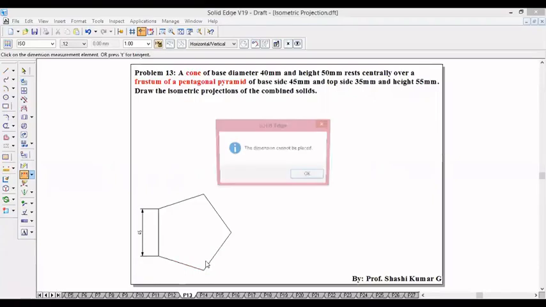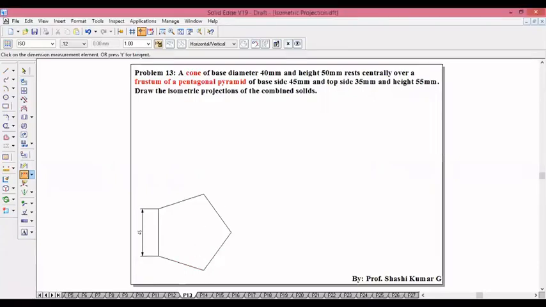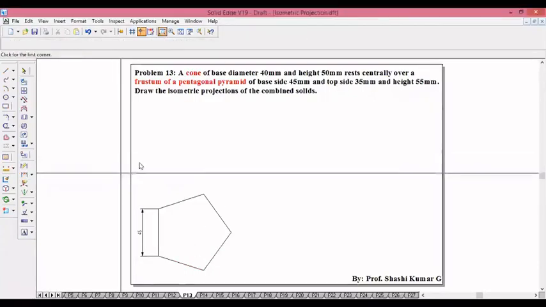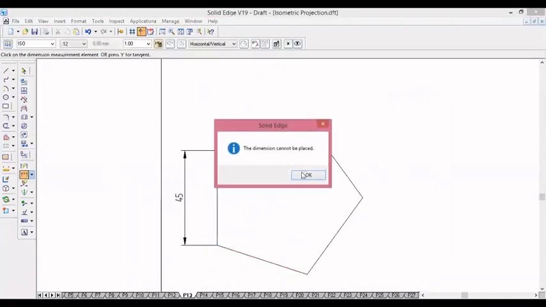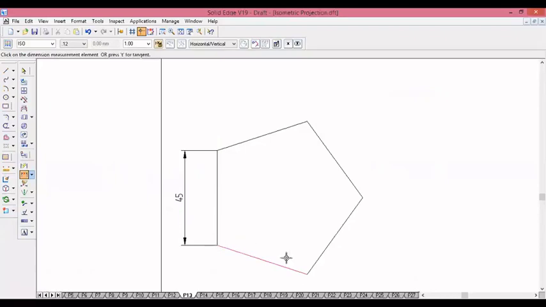So distance between, I take zoom, from. While you choose the distance between, after taking every dimension you need to right click your mouse.